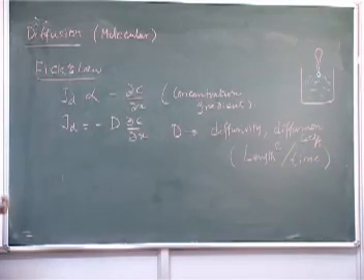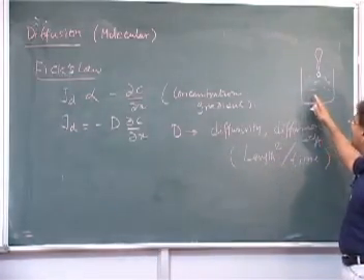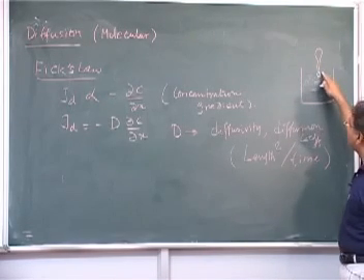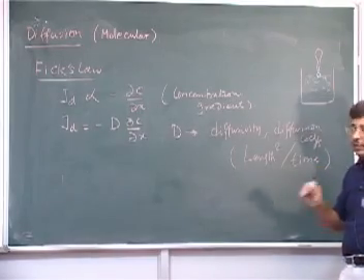The characteristic value of the molecular diffusion depends on the substance you are talking about. It depends on the medium in which it is getting transported. It depends on the characteristics or properties of the substance that is being diffused and things like that.